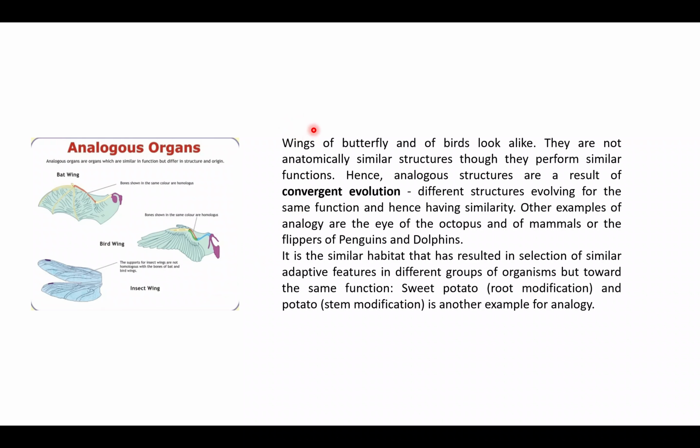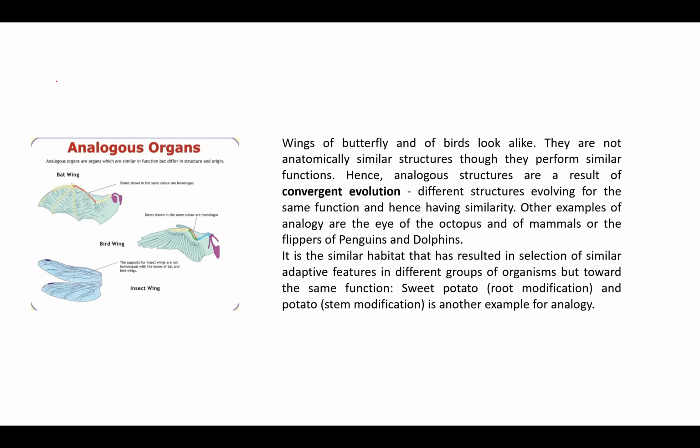So what I was trying to say is that the wings of a butterfly and the birds look alike. They are not anatomically similar in structure, though they perform a similar function, that is flying. Hence, analogous structures are the result of convergent evolution.